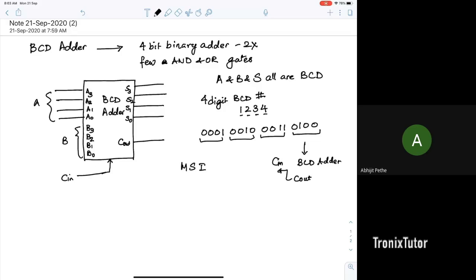So again, this is something that you need to start thinking about. What you're learning in the class this week will be important to implement designs in real life, because all these chips you'll just buy on Amazon, plug them on the breadboard and start. Implementing a function is much easier with MSI chips as opposed to going gate by gate.